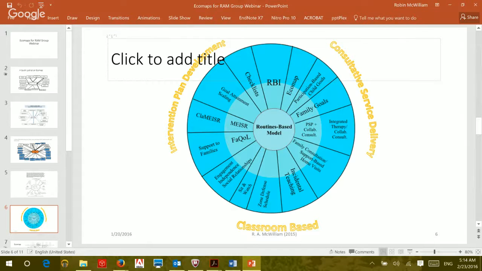Part of that training is also on participation-based child goals and writing family goals. So these four components of the routines-based model are all about intervention plan development, and they're a very important part of the routines-based model.